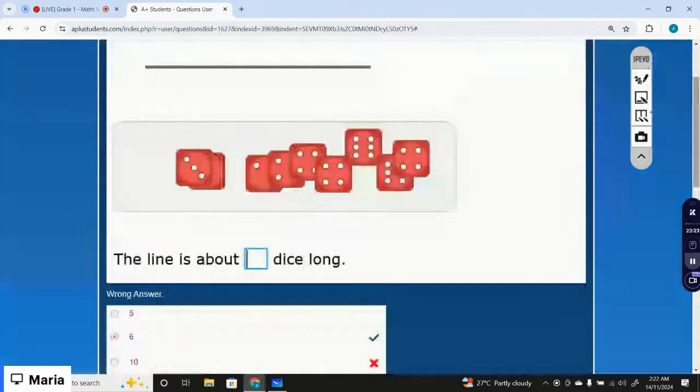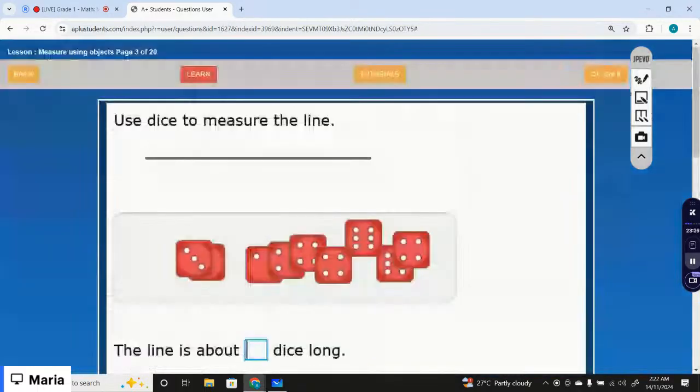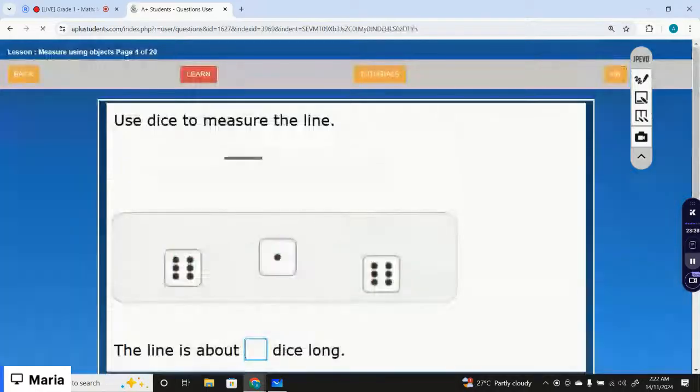That is just 6 dice long. It's a guess. So that is 6 dice long, right? Use dice to measure the line, which is the correct option.